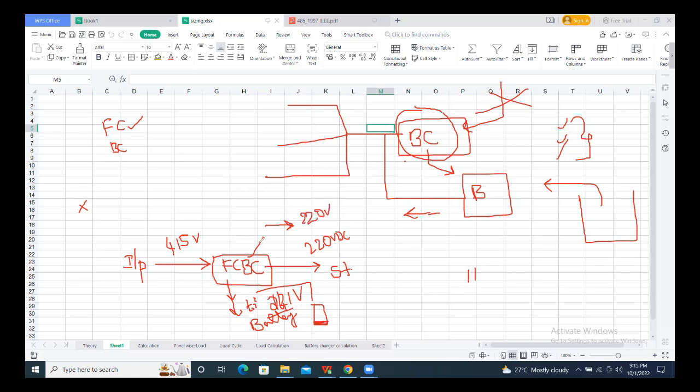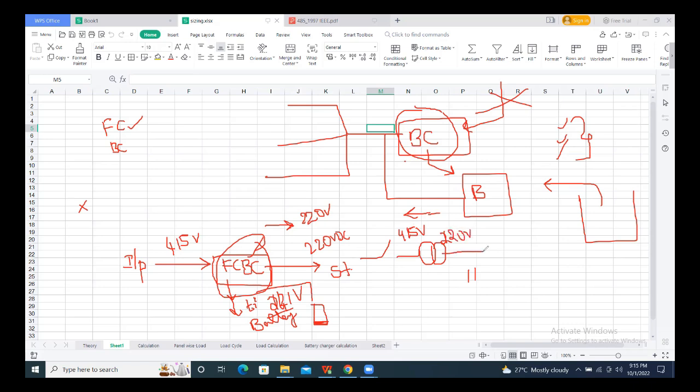If you look into this float cum boost charger in a brief way, there is a switch and a transformer which transforms the 415 volts AC to 220 volts AC.